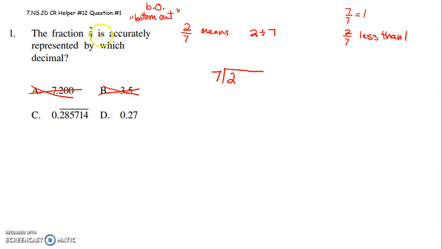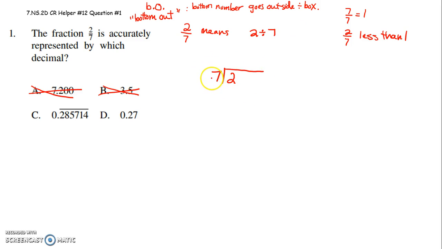It means bottom out: you take the bottom number and it goes on the outside of the division box. Some teachers use that. I always just think, is it more or less than 1?